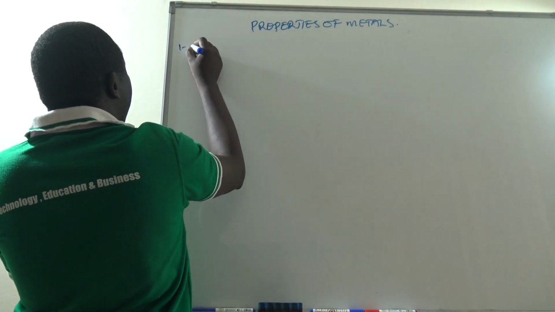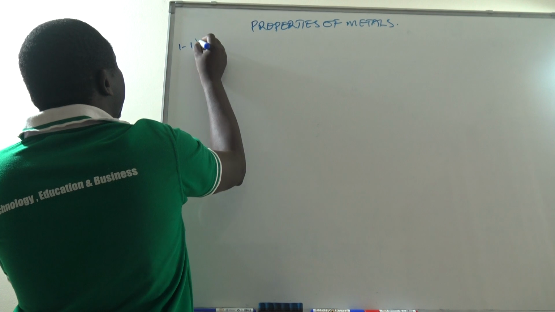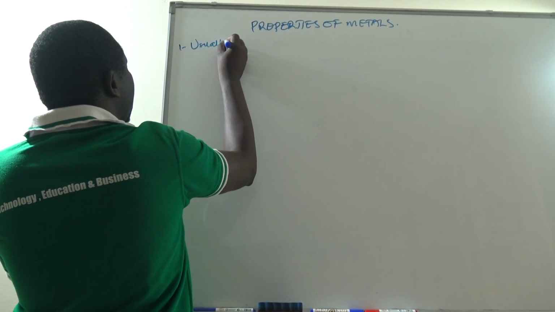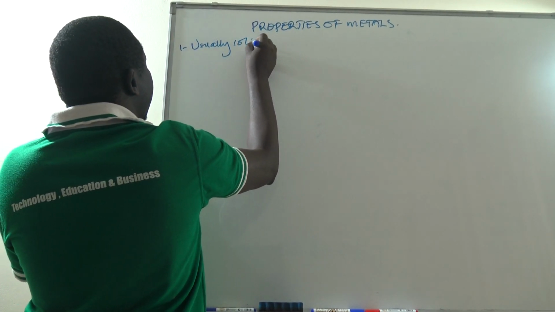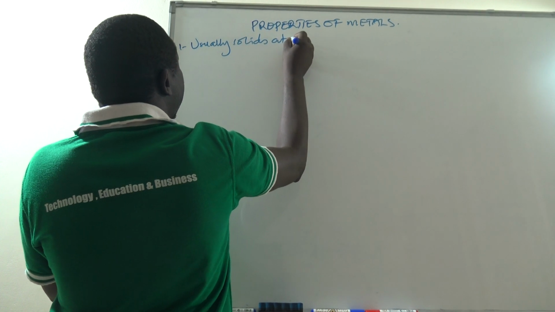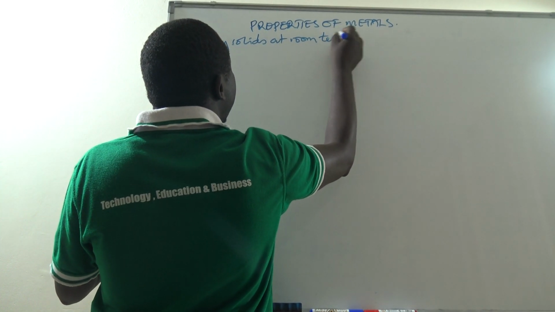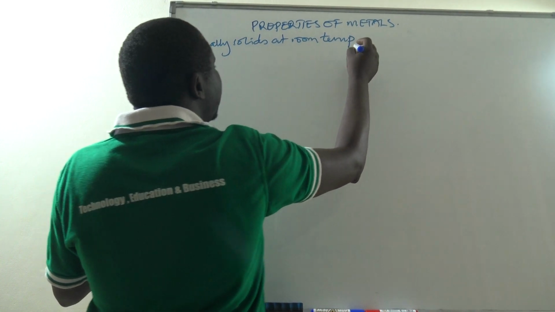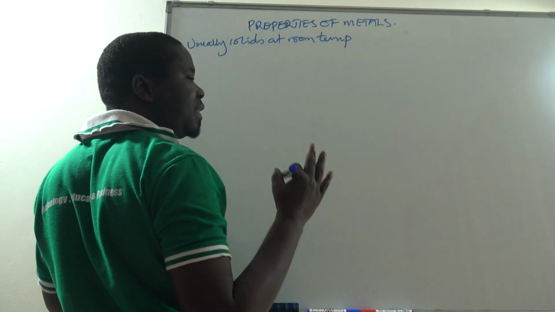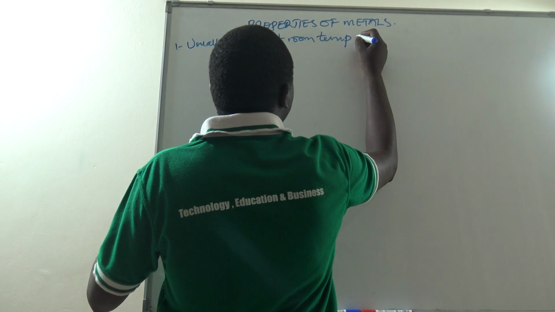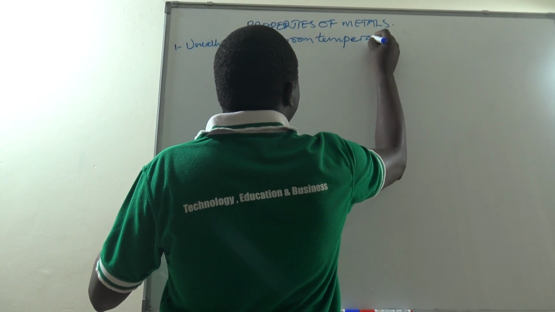One, they are usually solids at room temperature. This is because of the metallic bond between the atoms, which makes them densely packed.